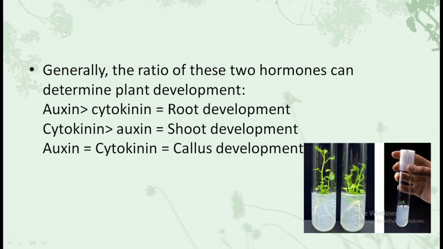The question could be asked in this form also: if the auxin to cytokinin ratio is more, what would be the final result? That is, auxin is more in comparison to cytokinin, we have root development. If the cytokinin to auxin ratio is more, we would have shoot development, and if auxin and cytokinin are equal in concentration, we would have the formation of the callus. So this was all about the ratios.